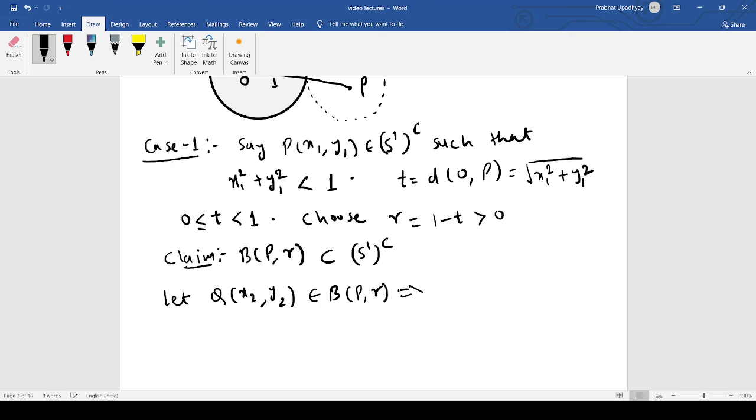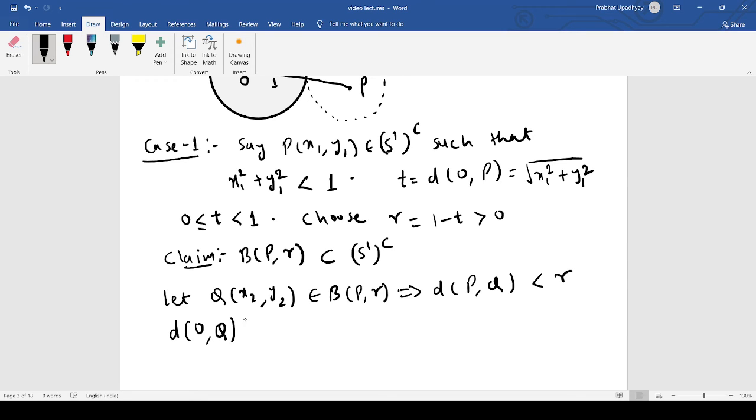This will imply the distance between P and Q is strictly less than R. Remember, we want to show this Q belongs to S1 complement. That means the distance of Q from 0 should not be equal to 1. It can either be less than 1 or strictly greater than 1. Let's try to see what can be the distance between 0 and Q.